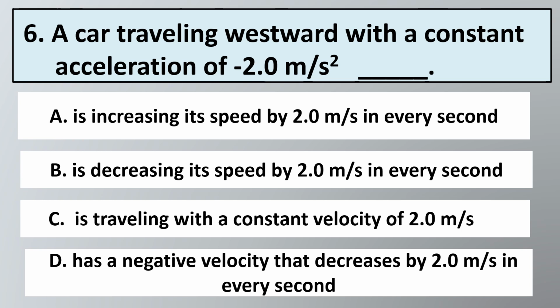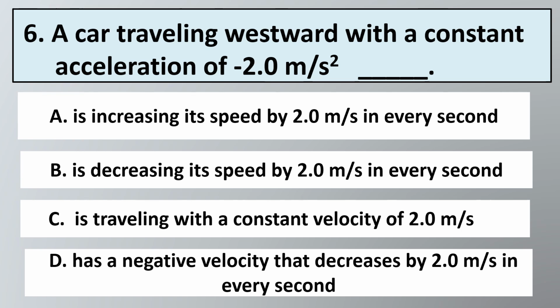In option letter A, the phrase used there is increasing its speed. Okay? Increasing in speed meaning the car is speeding up. How fast is the speed of the car? How fast is it changing?